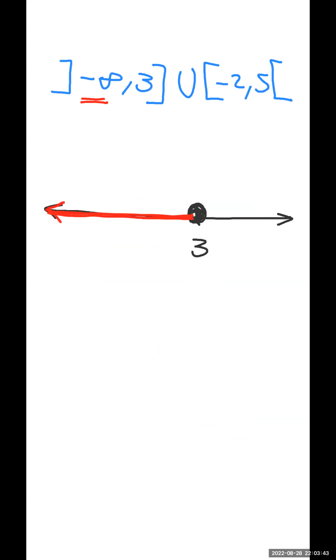Then the next interval, number line. 5. What do you think? Is 5 here or on the right? On the right, of course. Exactly. So this one is 5. Is it open or closed? Open. So unshaded.